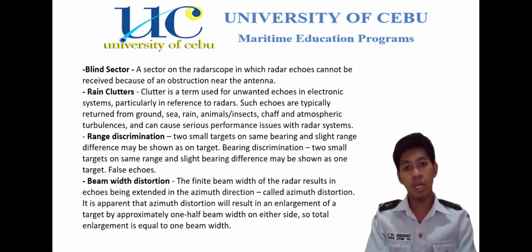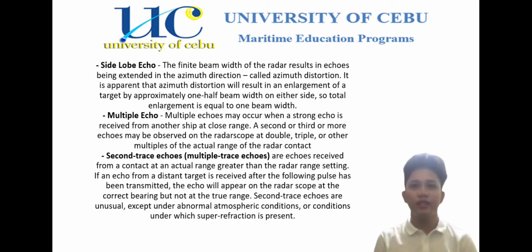So total enlargement is equal to 1 beam width. Side lobe echo. The finite beam width of the radar results in echoes being extended in azimuth direction, called azimuth distortion. It is apparent that azimuth distortion will result in enlargement of a target by approximately 1/2 beam width on either side. So total enlargement is equal to 1 beam width.